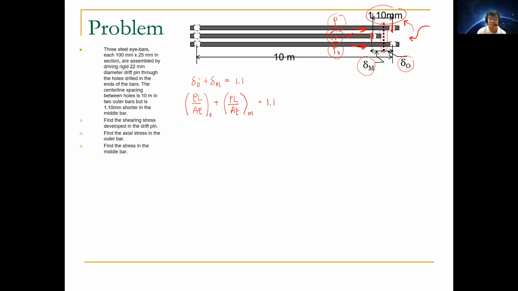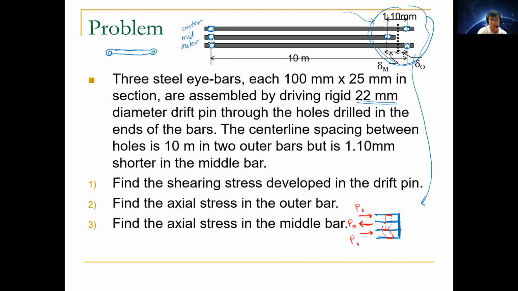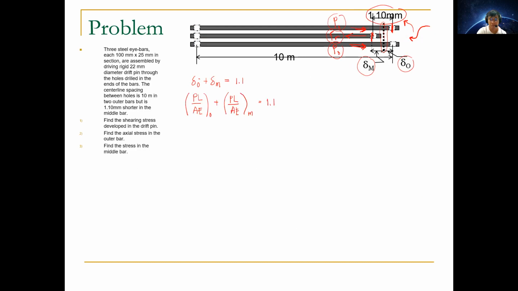Okay, so again, we try to utilize the formula. Is E given? Let's say that E is just 200 gigapascal, since it's steel. So E steel is 200 gigapascal.